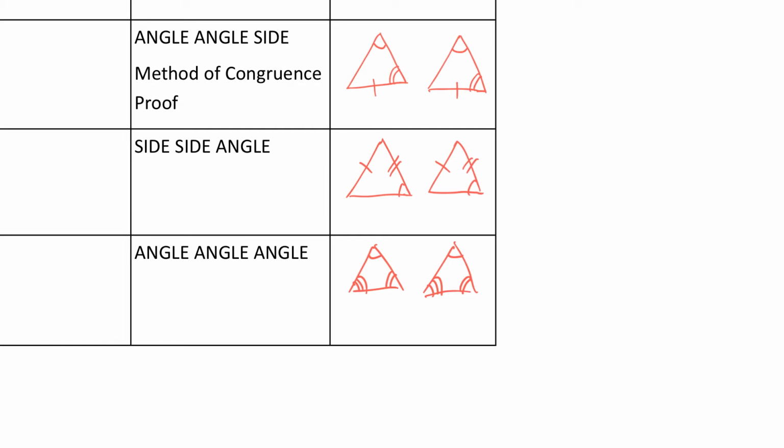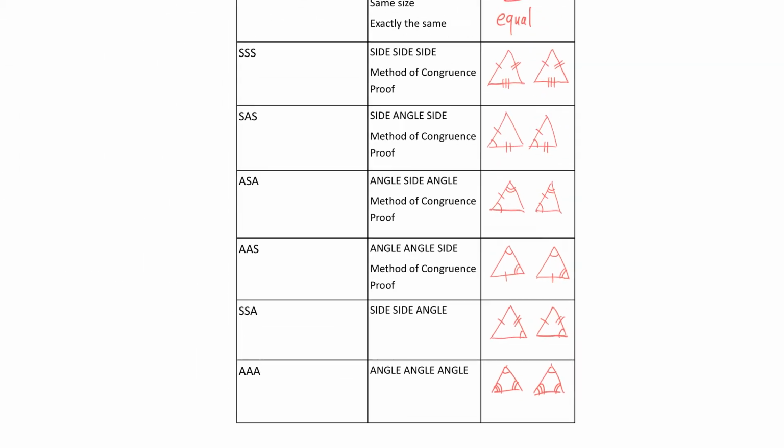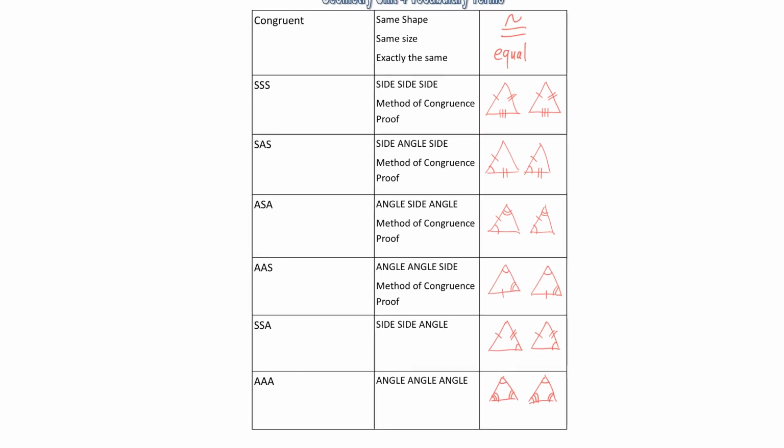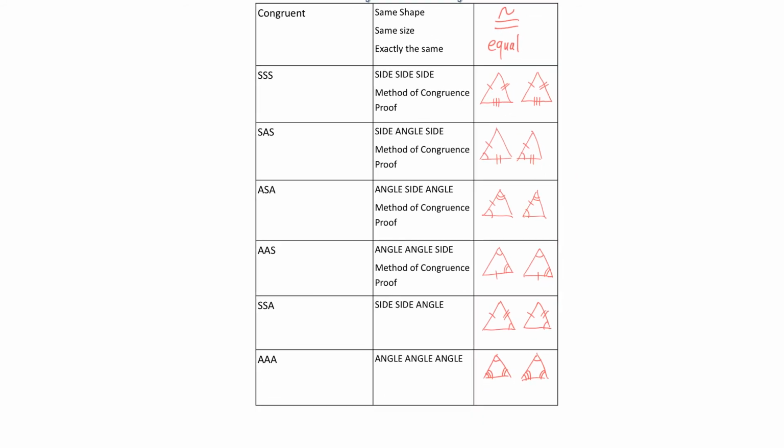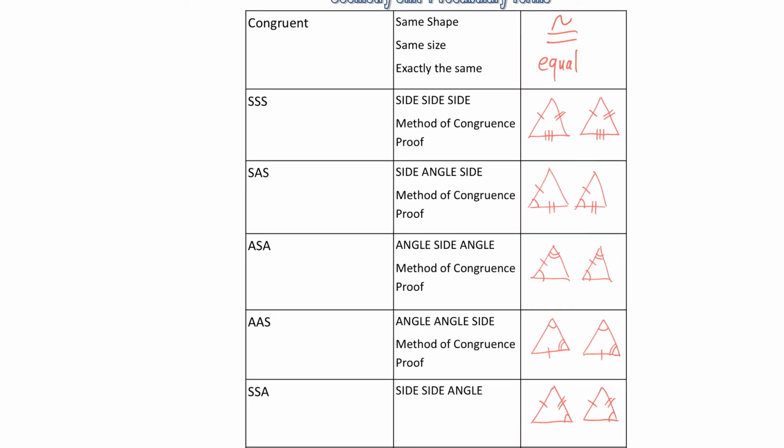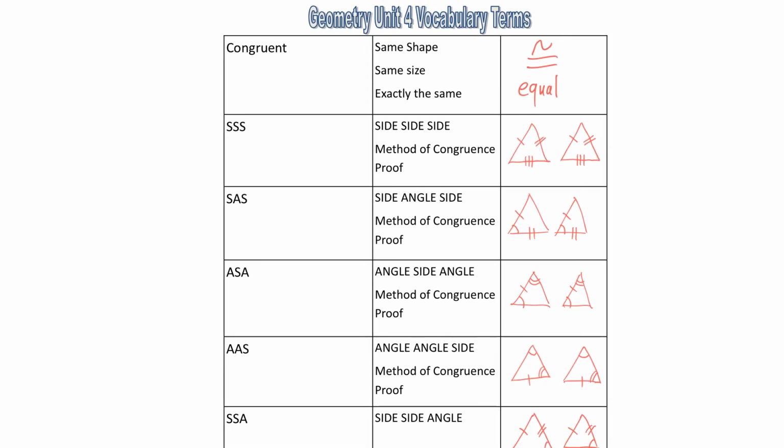Now, before you switch over to the next page, I want to talk about something else real quick. If you'll notice the way I did this, the first four say method of congruence proof, and the last two don't say that, and that's for a very specific reason. We'll talk a lot more about this, but these first four, we're going to use these methods to prove that two triangles are congruent. So this one works to prove congruence.